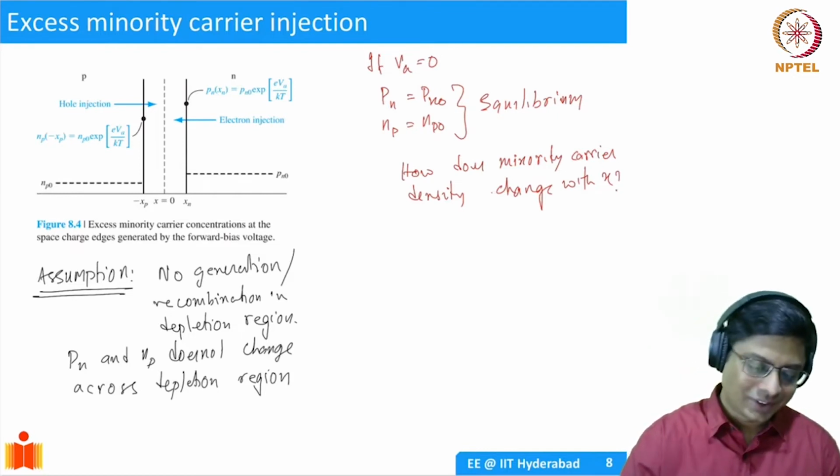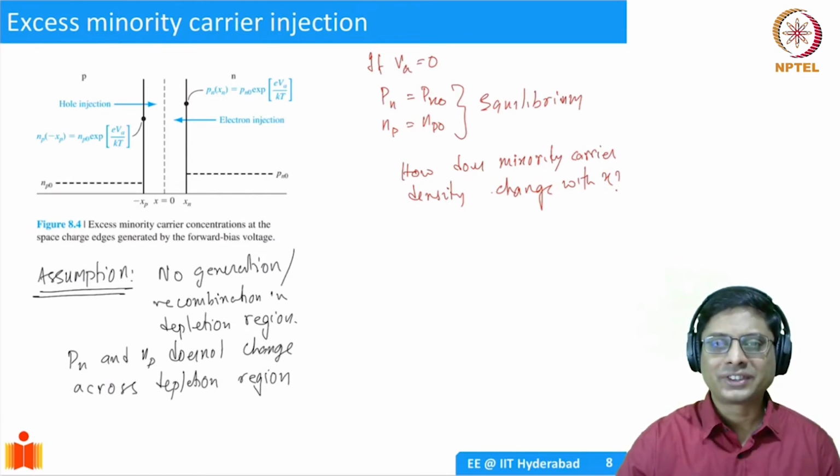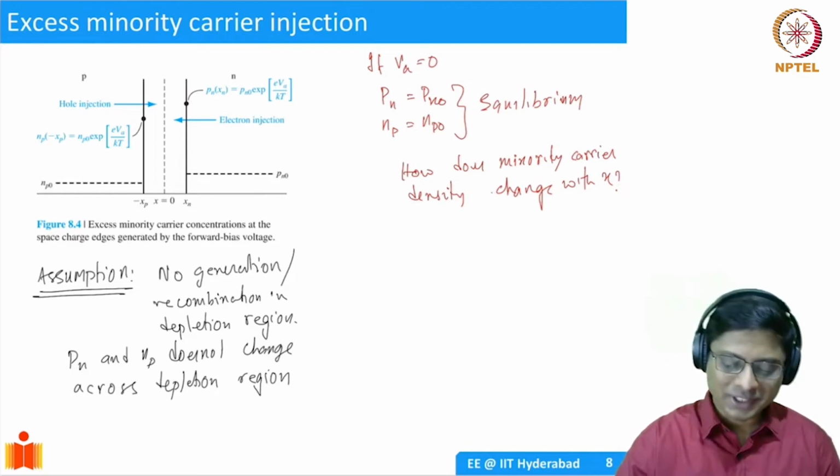Think about it. Or, you might recall in the third week, we discussed the minority carrier diffusion equation, MCDE, right?